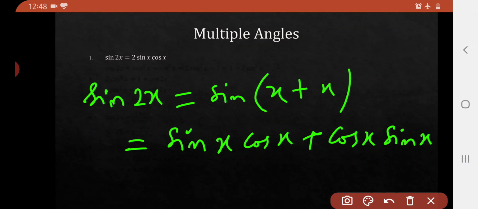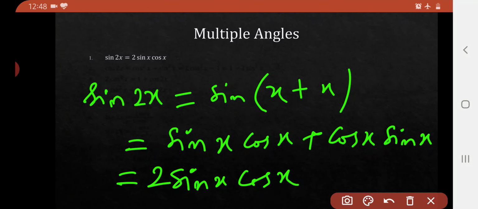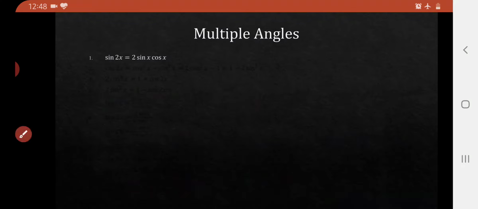Now both are equal, so therefore it becomes twice of sine x cos x. I think this is pretty easy to see. Now following this same order, if we just go on, then we have several formulas to come across. I'm not proving them. You can go through the proof if you want. Easy to prove, just applying the compound angle formulas, you can find them.